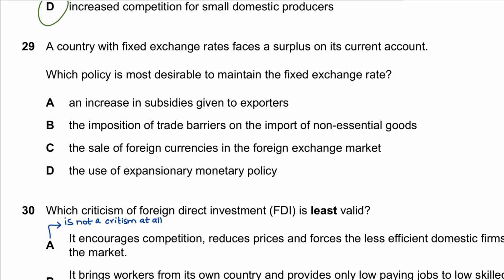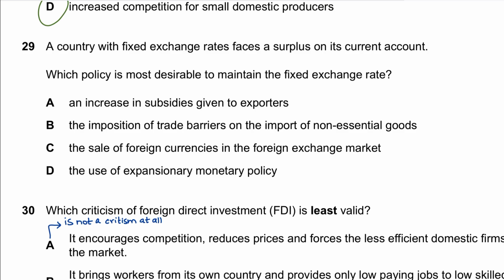Now, we all know what a fixed exchange rate is. A country that has a fixed exchange rate and also has a current account surplus means that exports are more than imports, which means that demand for the currency is more than supply of the currency. Higher demand is putting upward pressure on the exchange rate, because foreign demand for its exports is so strong.